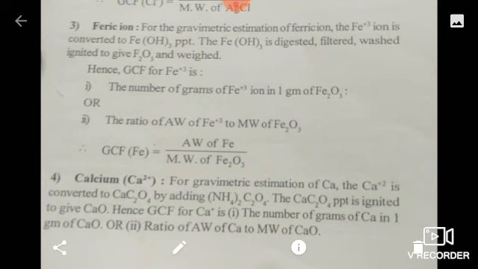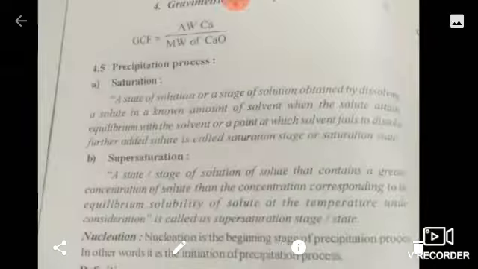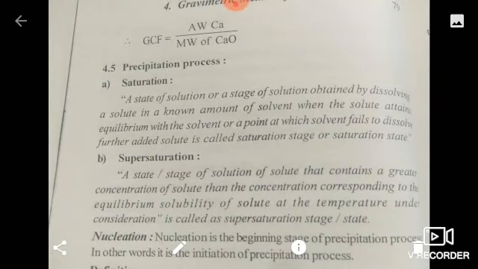Hence the gravimetric conversion factor for calcium is the number of grams of calcium in the grams of calcium oxide, or the ratio of the atomic weight of calcium to the molecular weight of calcium oxide. Therefore the gravimetric conversion factor is equal to the atomic weight of calcium divided by the molecular weight of calcium oxide.